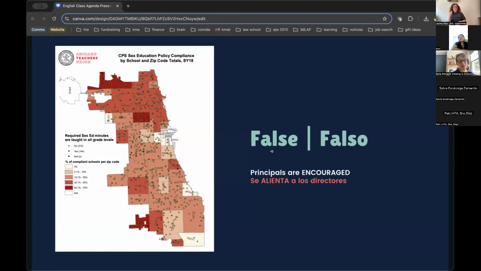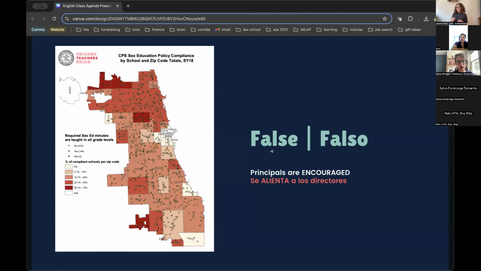So CPS has a policy. The policy does not require principals to share this information with parents in that way. The policy does require parents to receive 3 notifications of sexual health education, that it will happen.